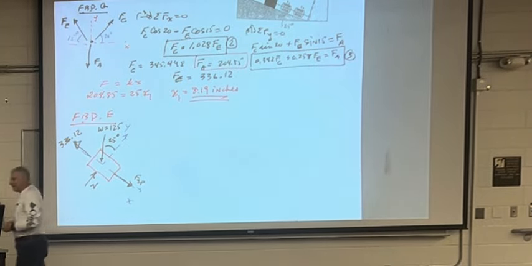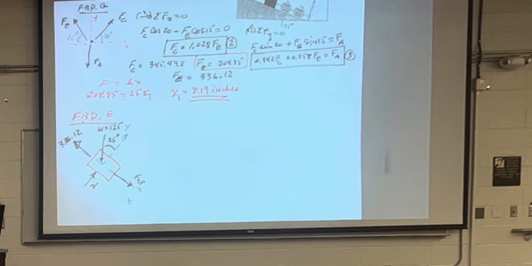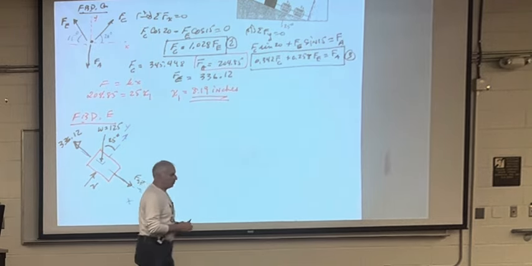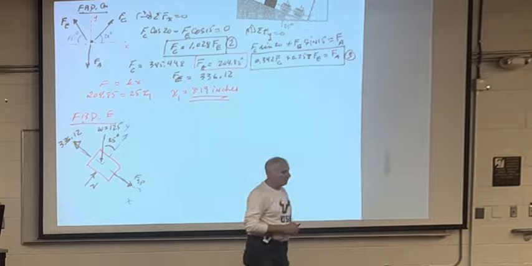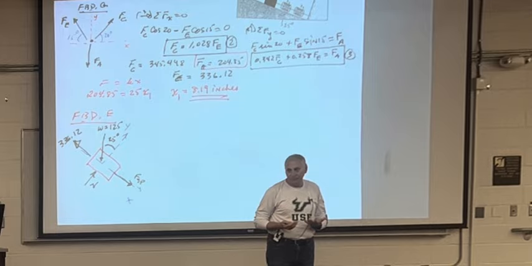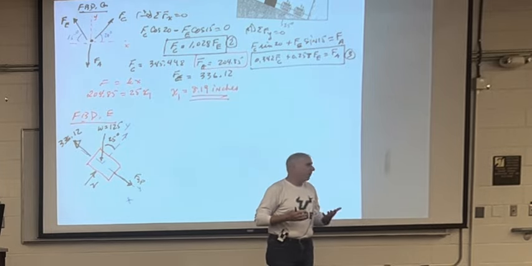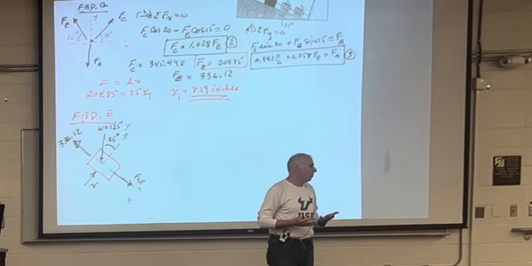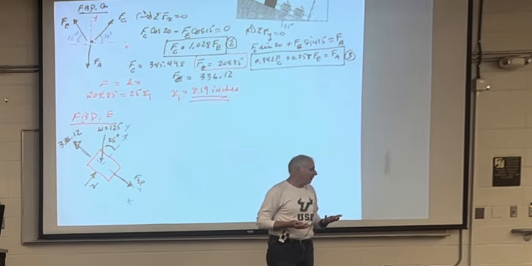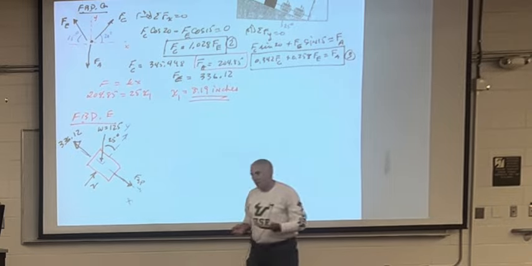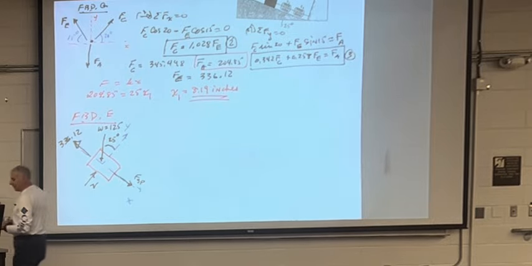Normal force is easy. Now, usually I ask you to do a normal force so I can throw points at you. Literally, that's what I'm doing. I'm saying you can mess up everything, but at least you can get a normal force and I can give you a point. Right? Because the normal force is easy.